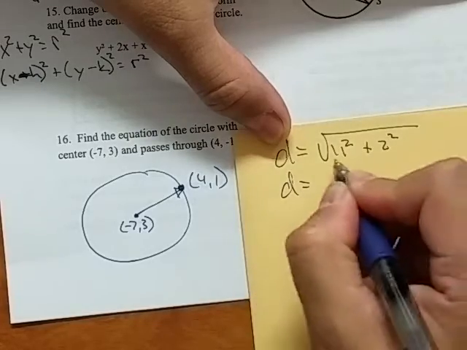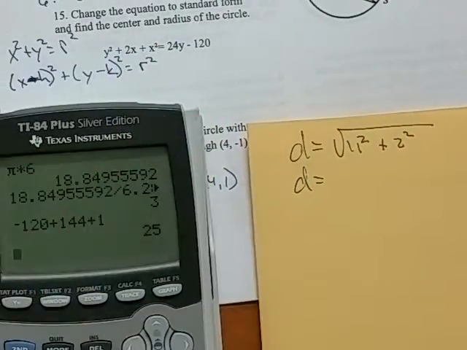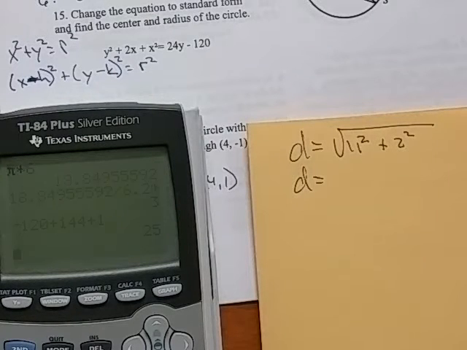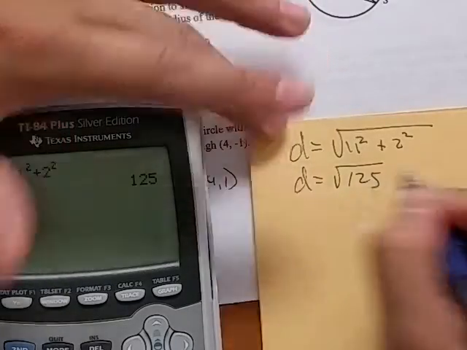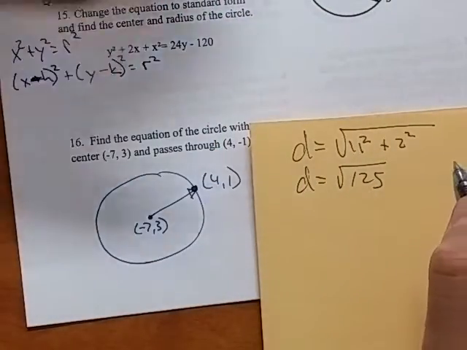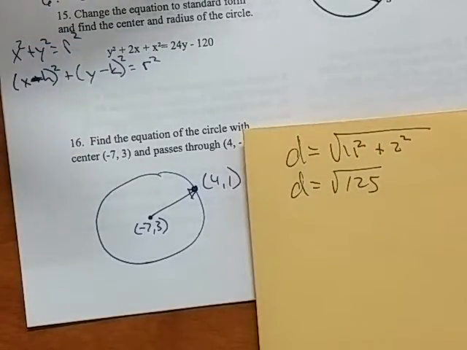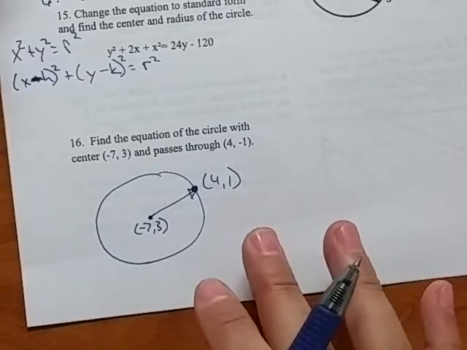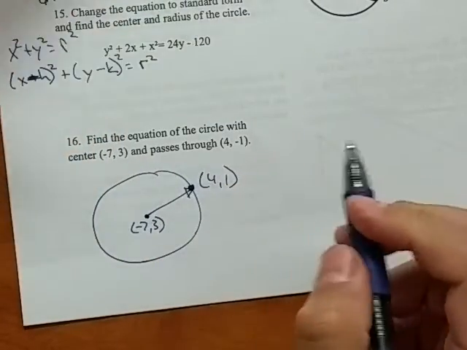So distance is equal to the square root of 125. So from there to there, that's my radius.